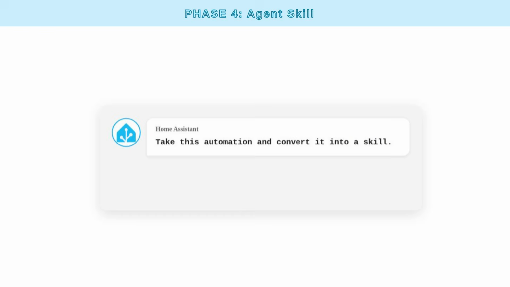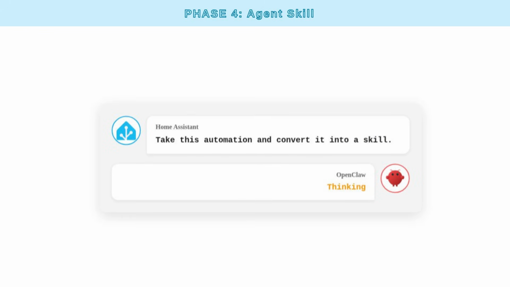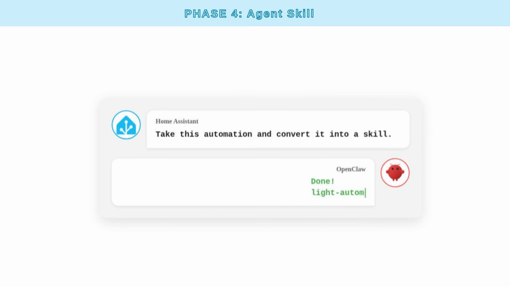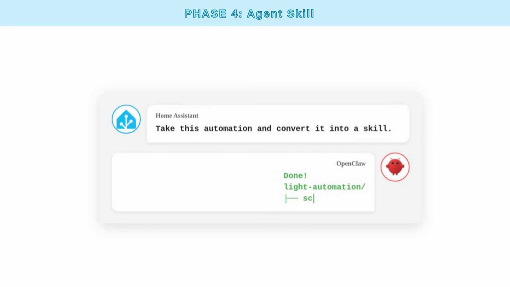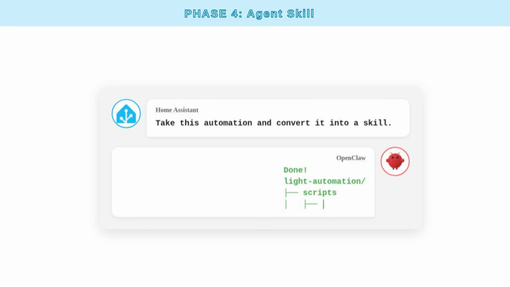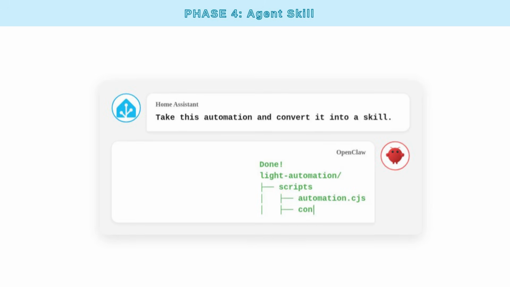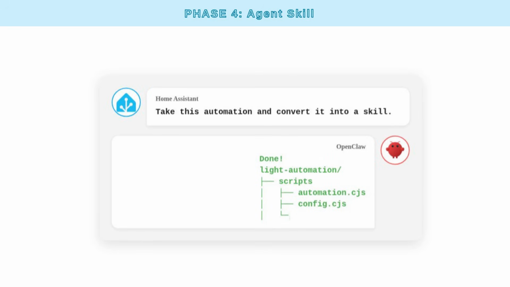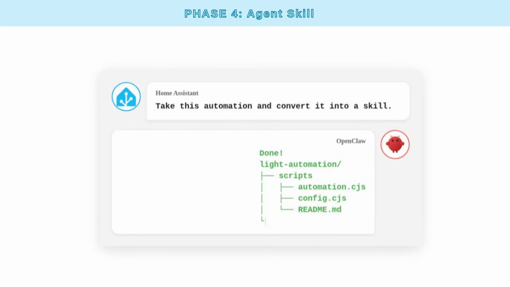What followed was a process, multiple iterations, bug fixes, the AI would generate a version, I'd test it, something would break, I'd report the error, it would fix it, back and forth. Eventually, it created the skill folder with the same 3 files, config.cjs, automation.cjs, readme.md. Initial test, passed. Door opens, light turns on.